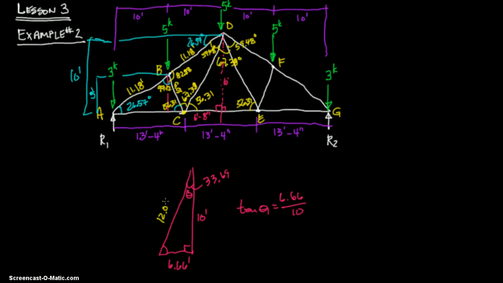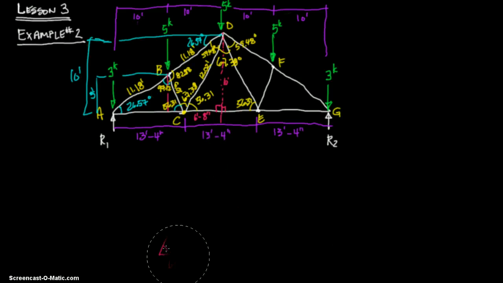So this is 12.02 foot. And realistically, this would be all drawn a lot larger, and so you could actually easily see what's going on. I know this is not the easiest thing to look at here. But nonetheless, we have all of our angles, we have all of our dimensions, and that's what we're going for.